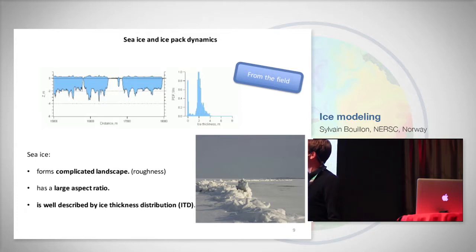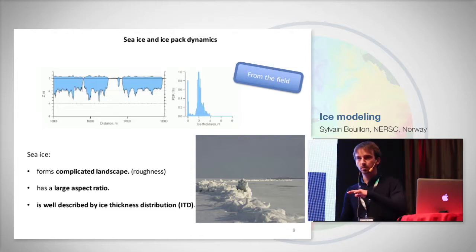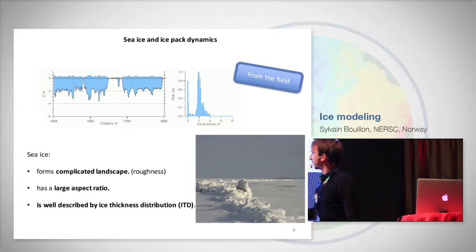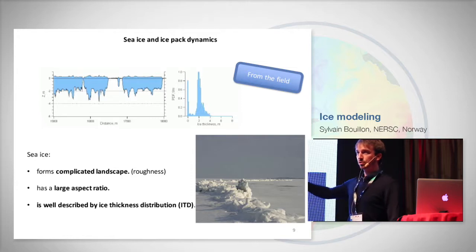And it's highly heterogeneous, but you can describe the sea ice heterogeneity very well by looking at the ice thickness distribution. For example, in this picture, we have a lead with thin ice in it. So this is the first mode of the distribution.